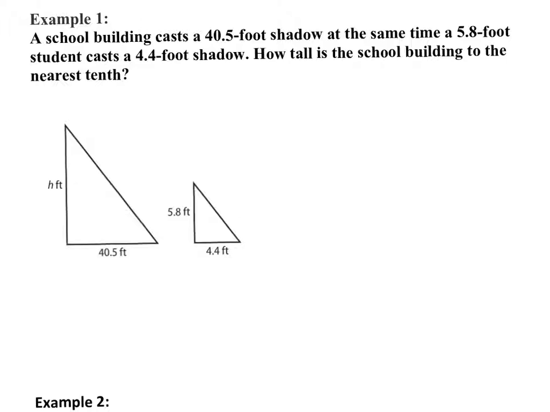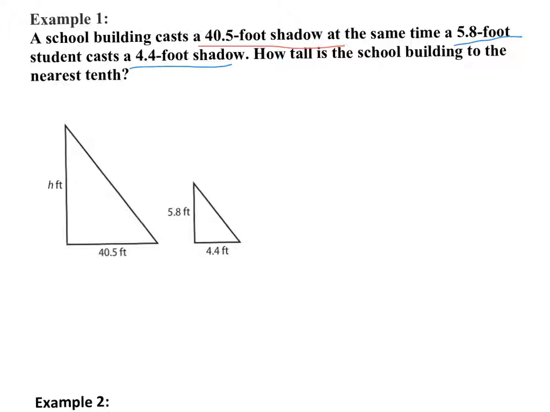Now what we do is set up our proportion. We know that it has a shadow of 40.5 and we're looking for the height. Then we know that the height of the student is 5.8 and their shadow is 4.4.